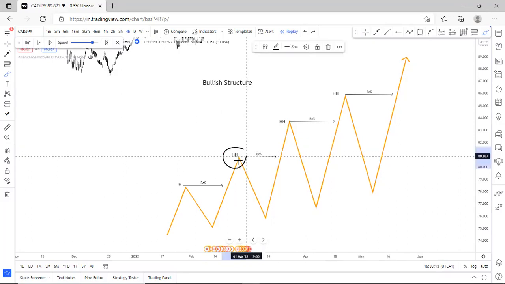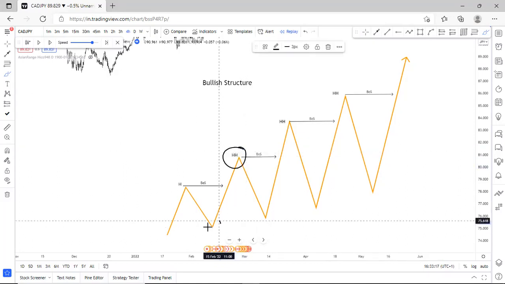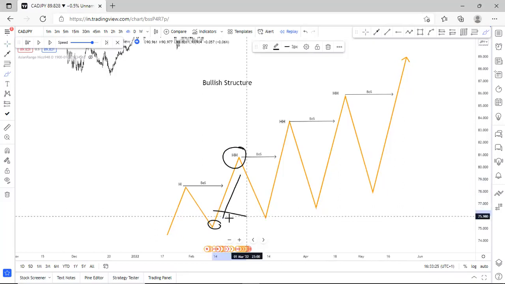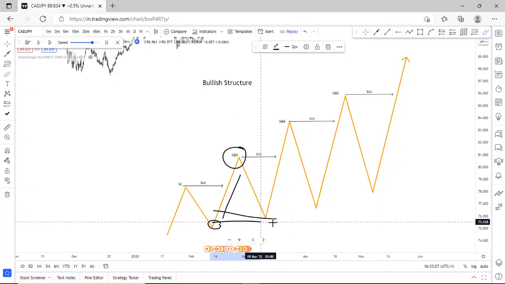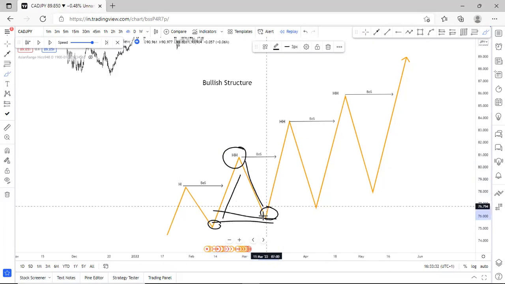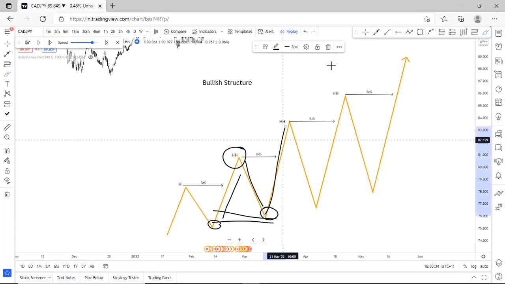The impulsive move from this low up to this level always houses some kind of demand zone. A demand zone is being housed at this area where price will come back to mitigate before pushing higher again.